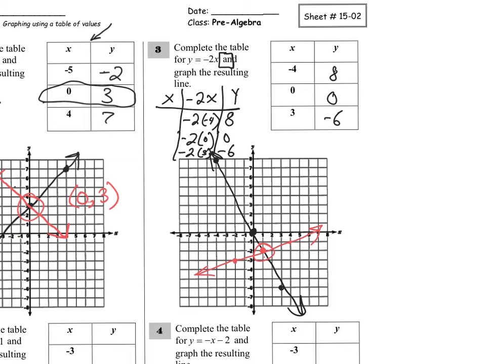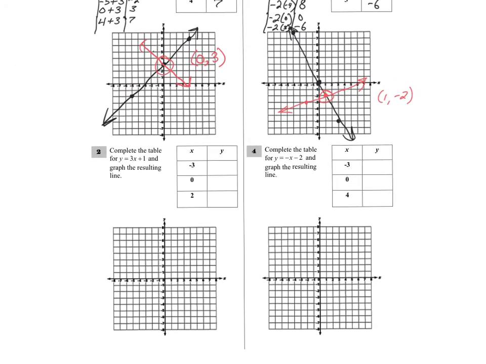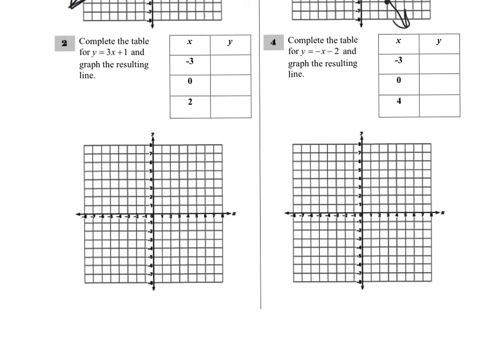That point, right 1, down 2, would be my solution. Okay, and I'm not going to ask you to actually find a solution to some other random line, but I just want to continue to emphasize the point of solution to a system, because that's what we're working on right now.